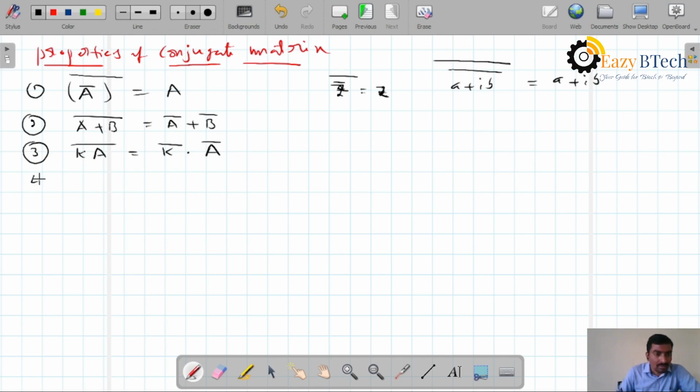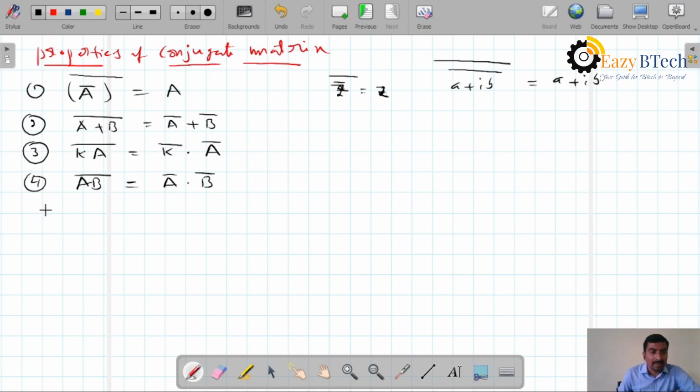Property number 4: (AB) whole bar equals A bar into B bar. These are the 4 properties of conjugate matrix. A bar whole bar equals A; (A plus B) whole bar equals A bar plus B bar; (kA) whole bar equals k bar into A bar; (AB) whole bar equals A bar into B bar.